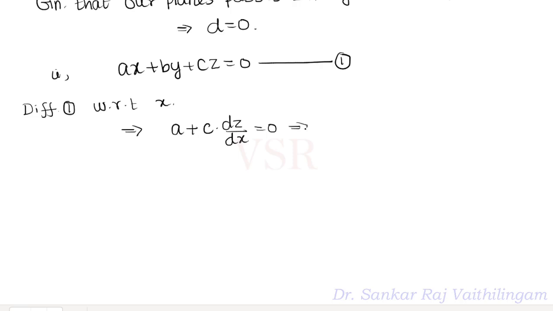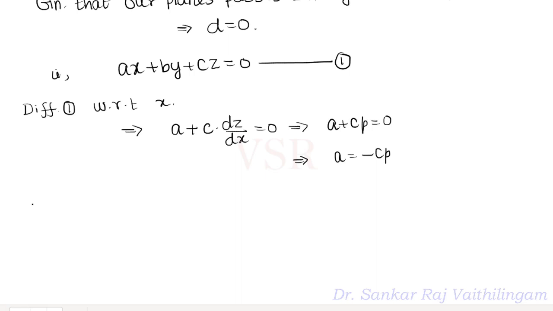So this implies that a plus c times p, which is equal to 0. So that implies that a is equal to minus c times p. Okay, so first we are having this equation.